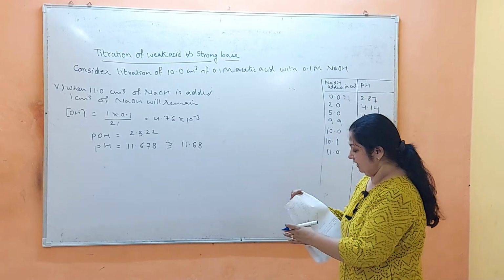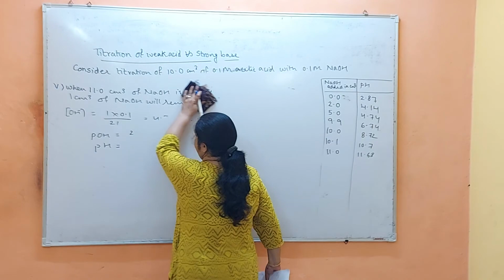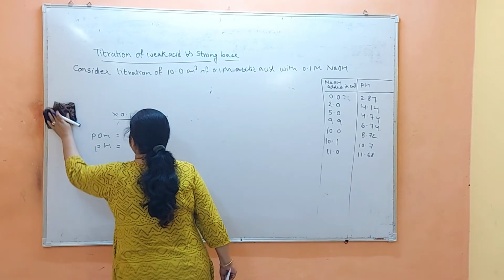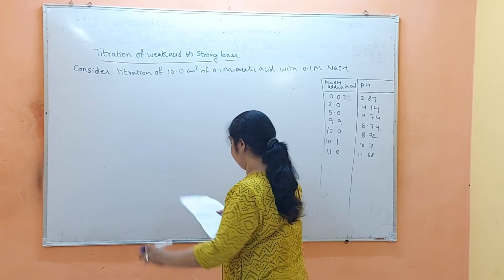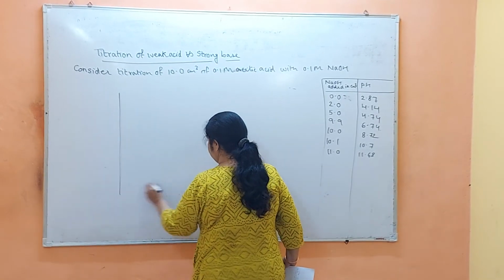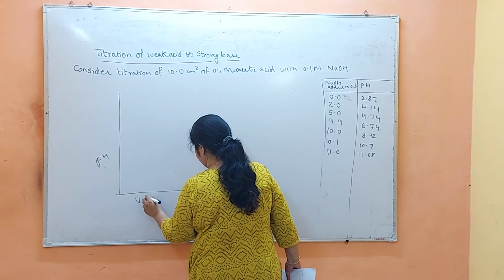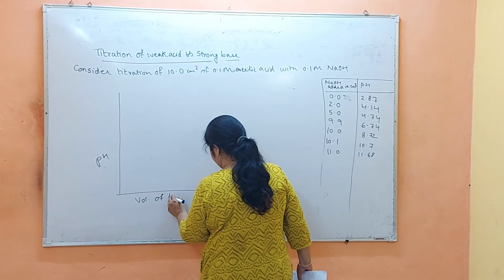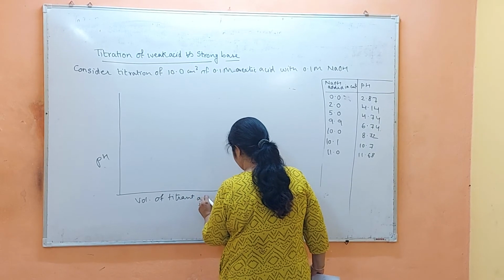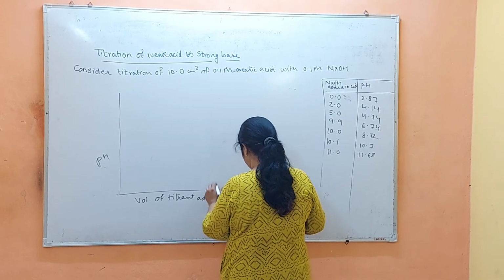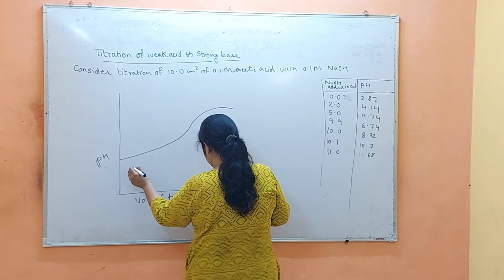Now we have tabulated this. Now we need to draw the graph of it, pH versus volume of titrant added. The graph would be somewhere of this kind.